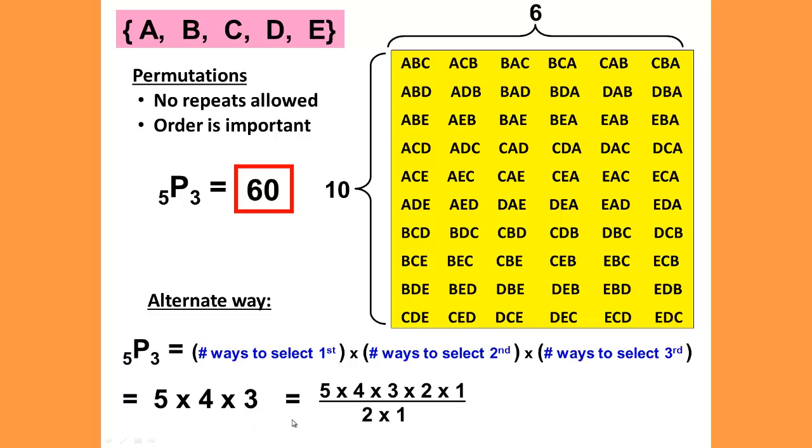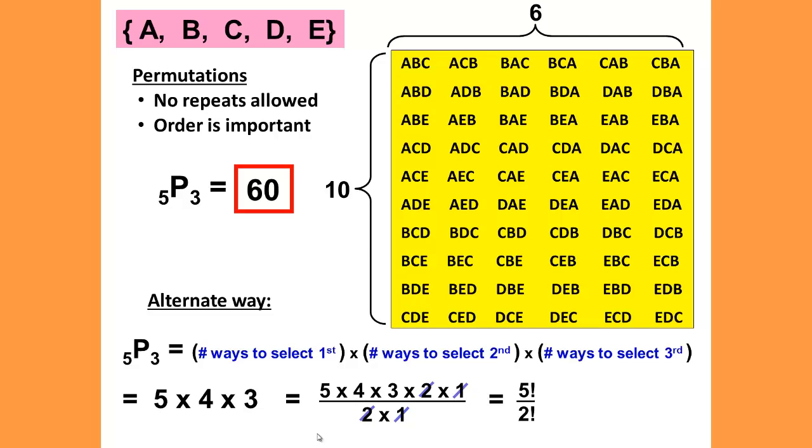So if we thought of it with the 2 times 1, we would need to cancel out the 2 times 1 so that it would be equivalent to what we had. So that way we could write it with factorials, and that then gives us 5 factorial over 2 factorial.